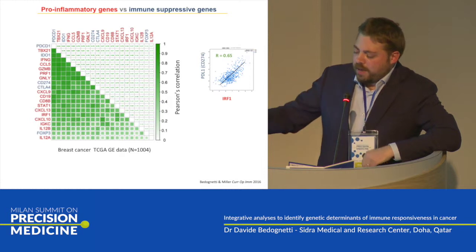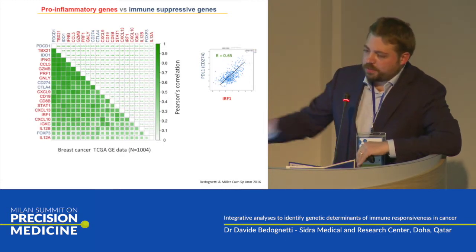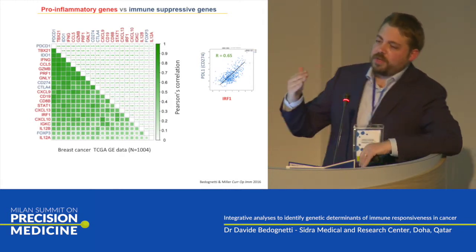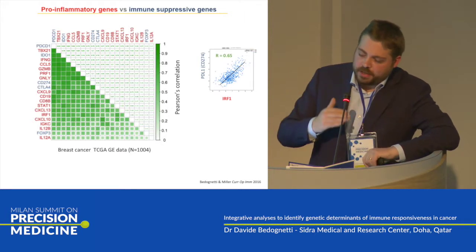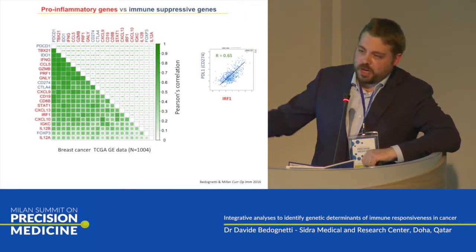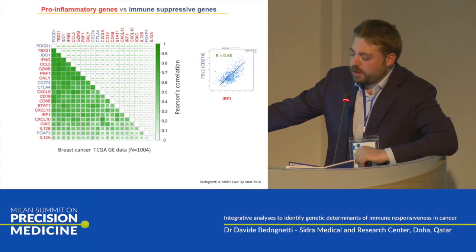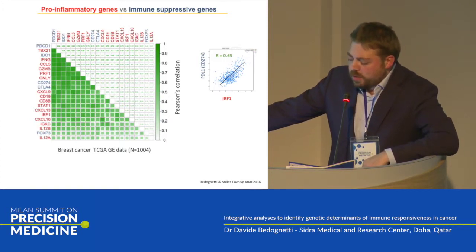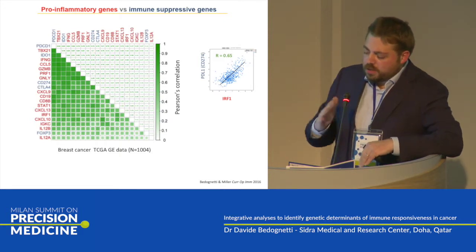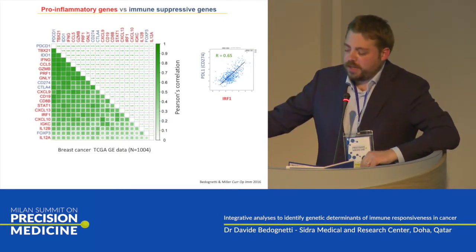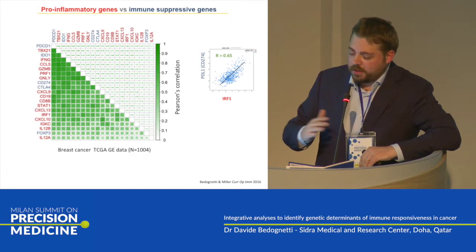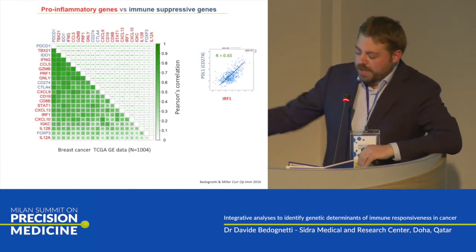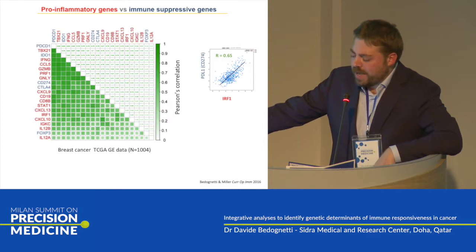What happens in the tumor is that the expression of these pro-inflammatory genes is paralleled by the counteractivation of immunoregulatory mechanisms. The immune system reacts against this response with the activation of immunoregulatory mechanisms.